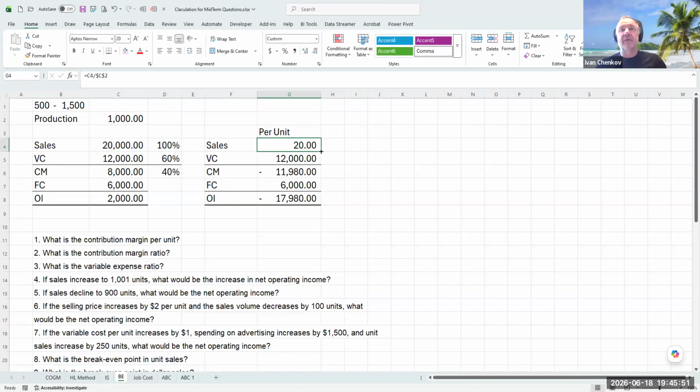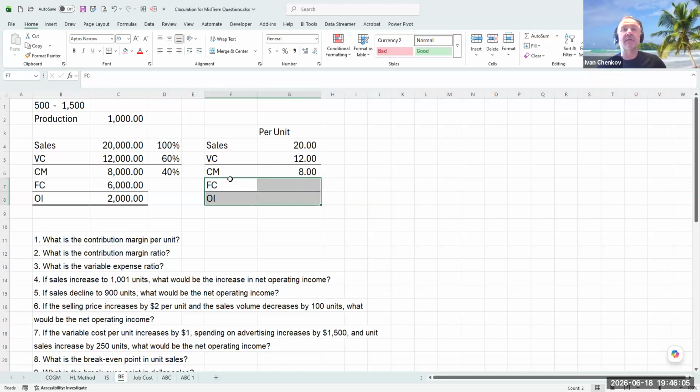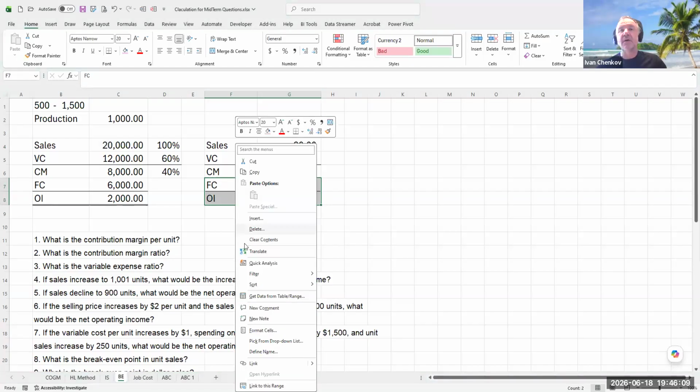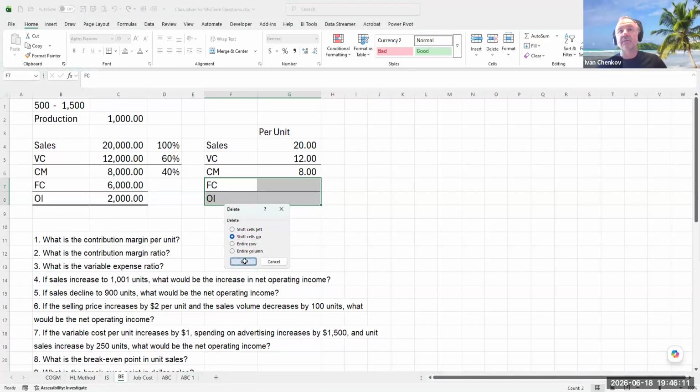Then I'm going to have the variable cost, again this amount divided by 1,000. Fixed cost stays fixed because it doesn't change. Again, fixed cost in total stays the same.